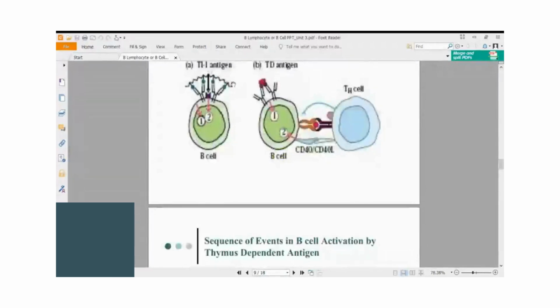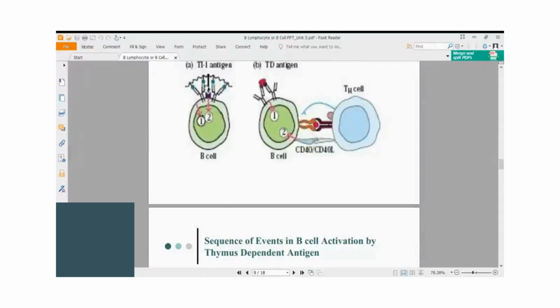For T independent antigen, I would expect you to draw this one diagram. Plus only this diagram to tell that it is T independent antigen type 2. I had told you that it will not cross-link entire IgM, it will cross-link two adjacent FAB sites. T independent type 2 antigen. Okay, only this diagram. Not this. TS cell should not be shown.